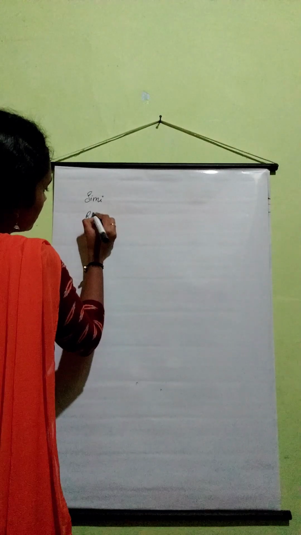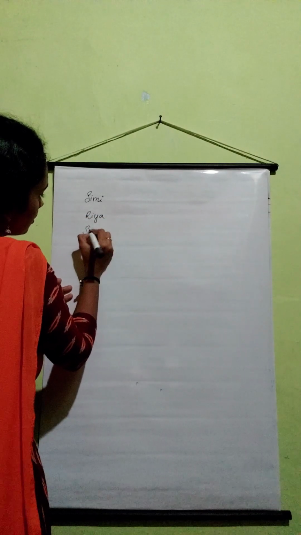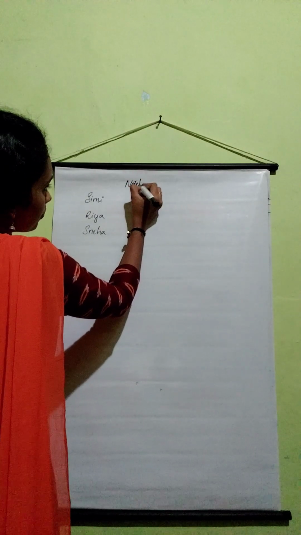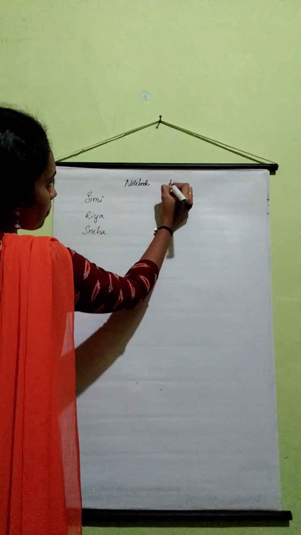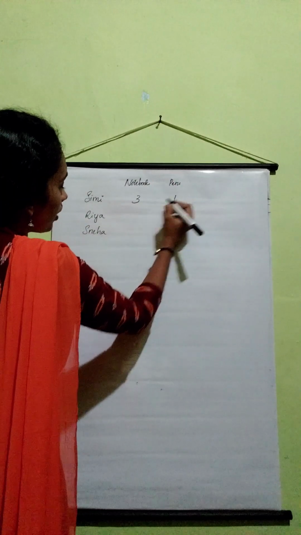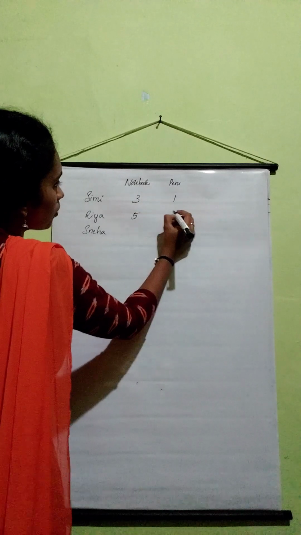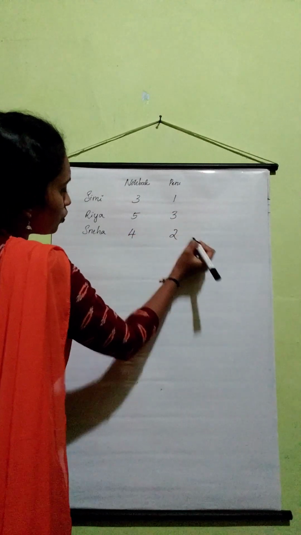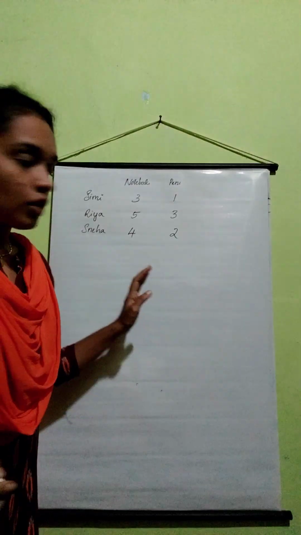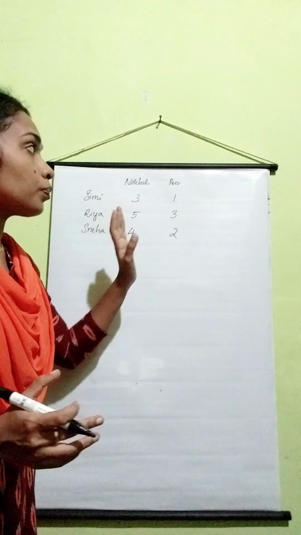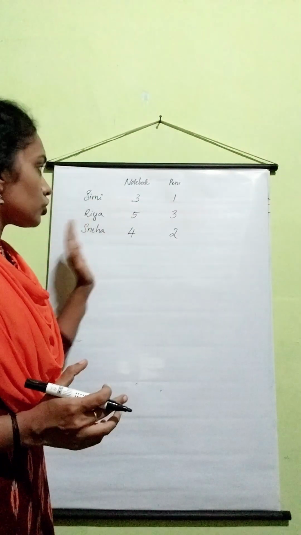Suppose Simi has 3 notebooks and 1 pen. Ria has 5 notebooks and 3 pens. Sneha has 4 notebooks and 2 pens. Okay? So, now we have tabular data about the number of notebooks and pens possessed by 3 students.